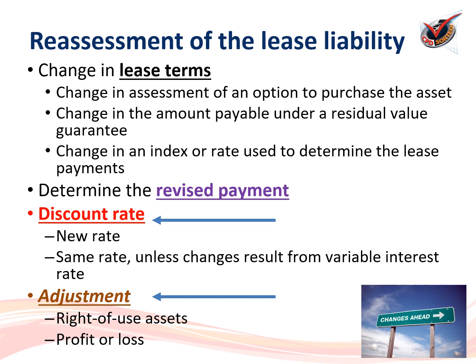The same rate should be used unless there are changes as a result of variable interest rates. That's a valid reason, but one would need to evaluate that under these circumstances. The adjustment would then need to be made to the right of use asset, and then the corresponding entry would be the profit or loss.